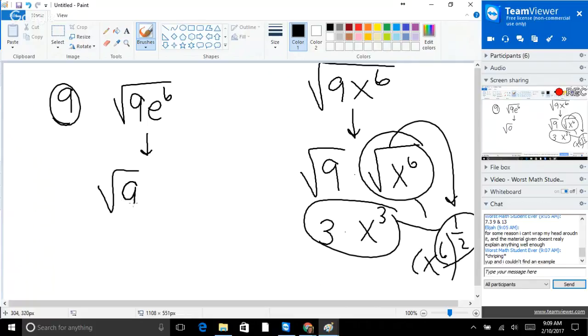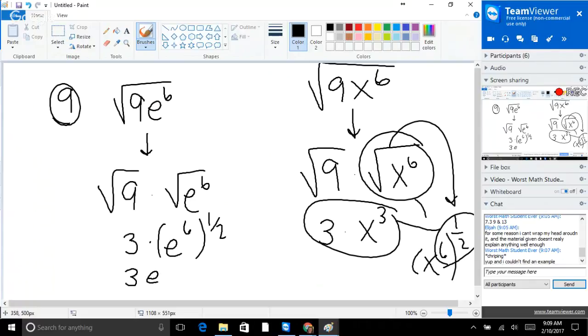I'm going to do the square root of 9, the square root of e to the 6th. The square root of 9 is still 3. The square root of e to the 6th is the same as e to the 6th to the 1/2 power, or e to the 3rd power. So you can see how they look the same, right? It's just we treat it like a variable.